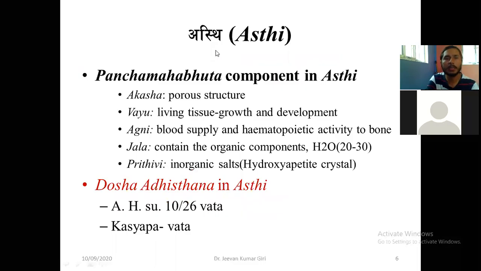Now see, we'll see the Pancha Mahabhautika component of the asthi. As you already know, all matter is a form of Pancha Mahabhuta, isn't it? So all the Pancha Mahabhuta are there in the dravya. Every substance is formed from the Pancha Mahabhuta. So the asthi is also formed from the Pancha Mahabhuta.